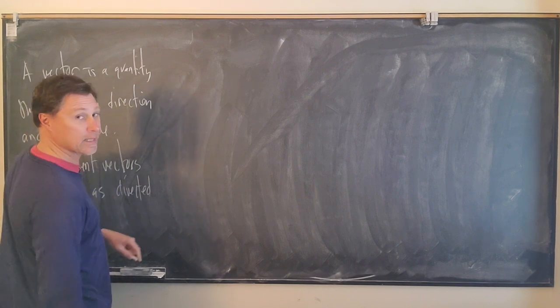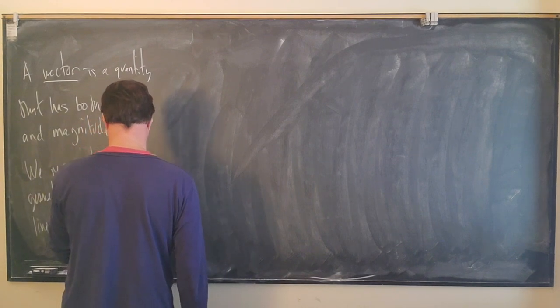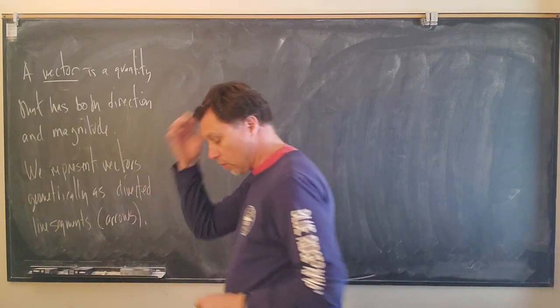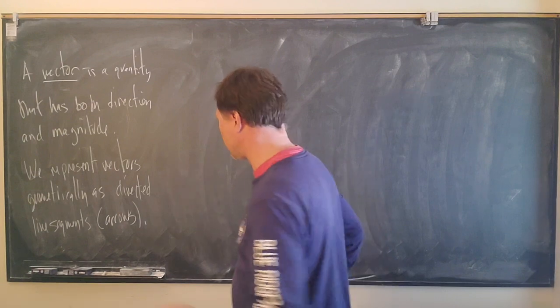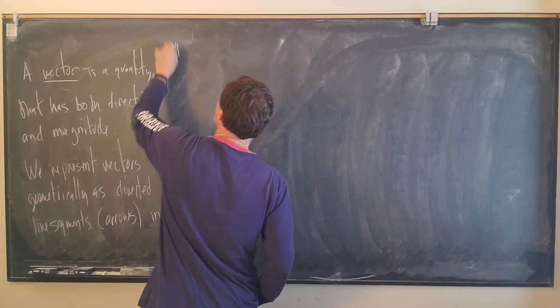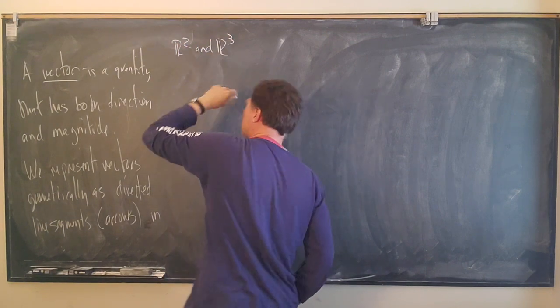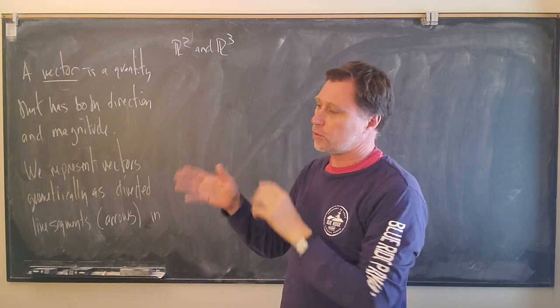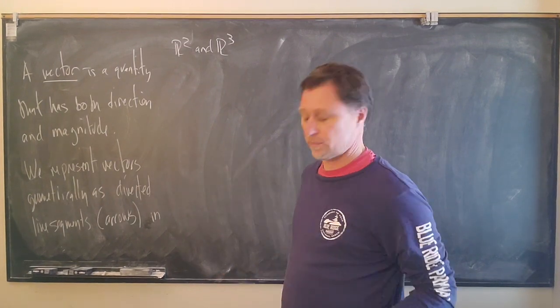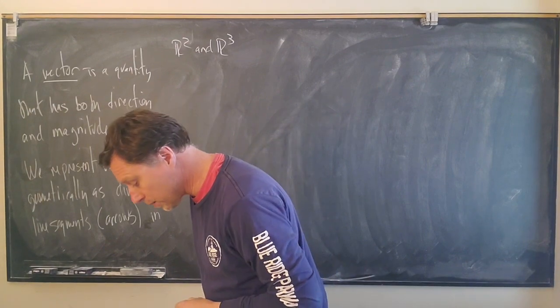Well, a directed line segment is just a fancy way of saying arrows. We're going to be working in both R2 and R3, so in some cases we will have to do separate descriptions of vector manipulations in R2 and R3.